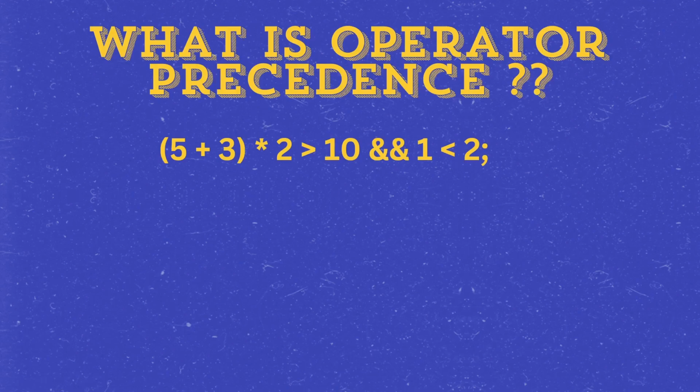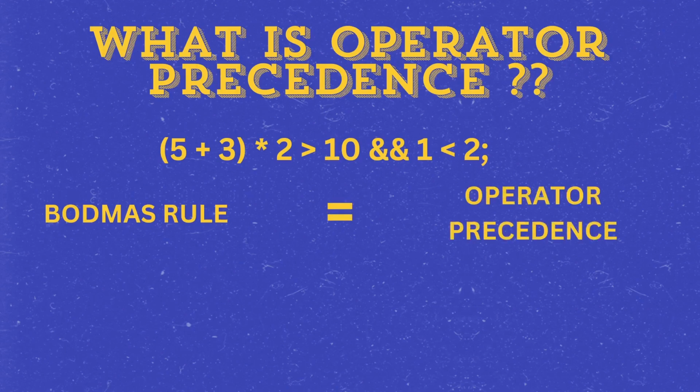The solution to that is using precedence of operators. If you remember mathematics, we have something called the BODMAS rule, right? On the basis of the BODMAS rule, we write an answer for a question or expression where multiplication, addition, everything is there. Similarly to the BODMAS rule, we have operator precedence.